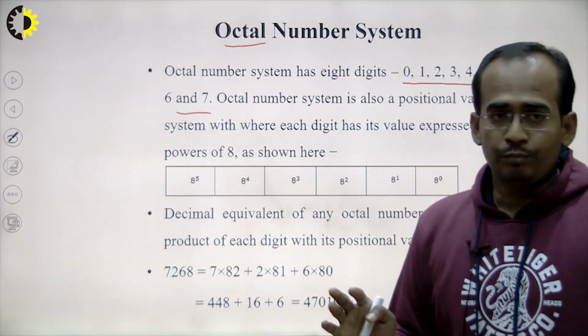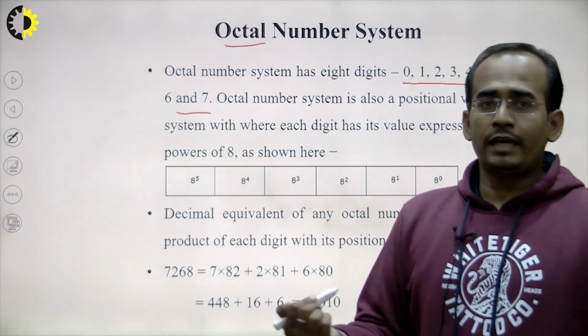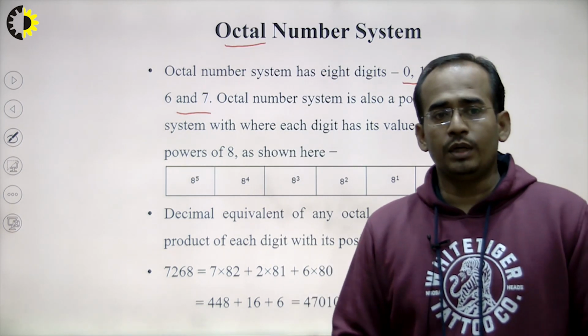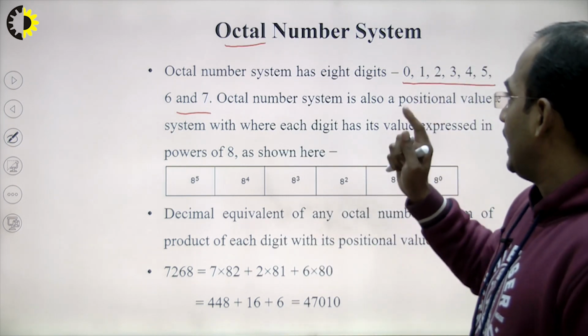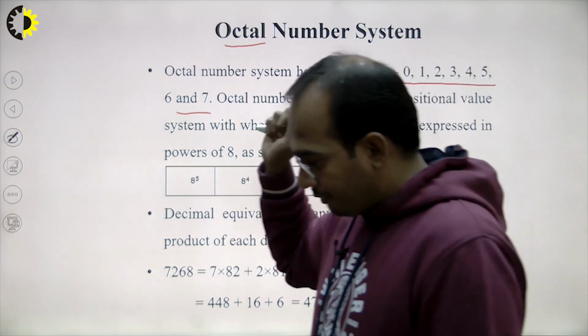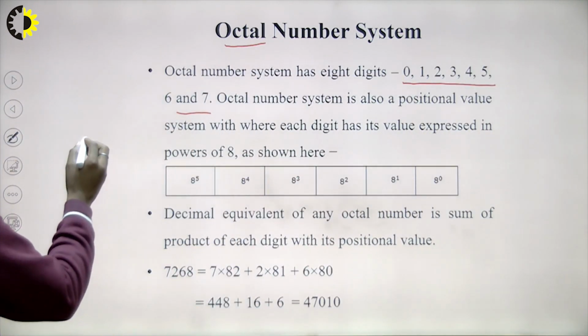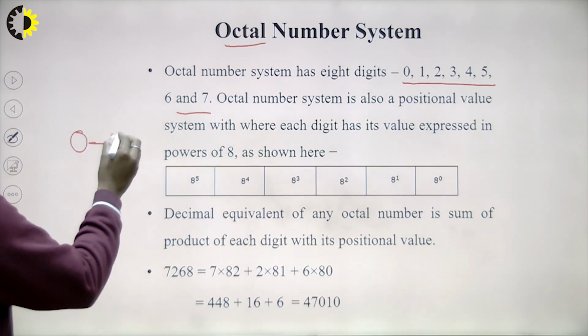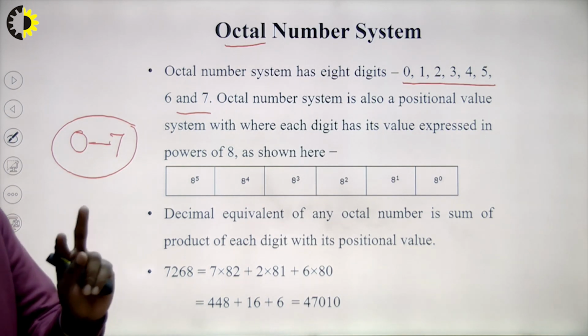These are also weighted position systems. With the help of weighted position we can convert any octal number into the decimal number system. One thing you have to remember is that first you have to check whether the given number is octal or not. The digits in an octal number should vary between 0 to 7.